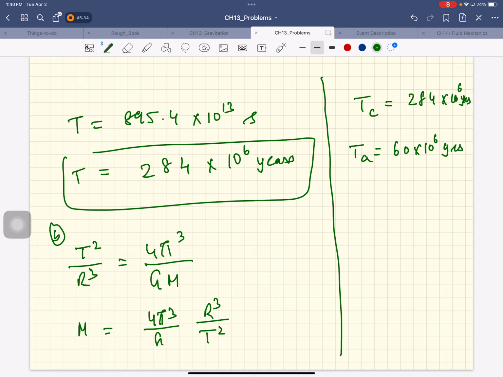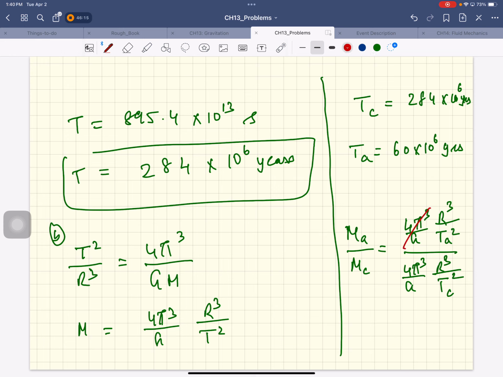Okay, so actual mass divided by calculated mass should equal 4 pi G, R is the same, actual T square over... okay, all this stuff cancels.